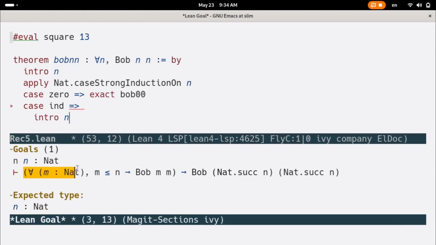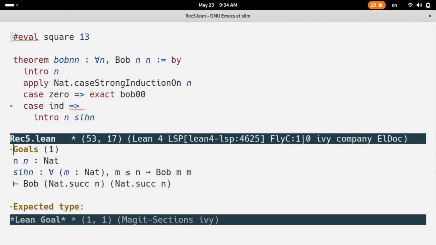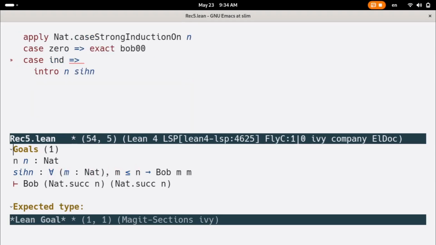Notice that this n shadows the earlier n, which is no longer required. We have to introduce the left hand side of this implication into the hypothesis. So this left hand side is nothing but the strong induction hypothesis for n. Observe it says for all m's, that is at most n, Bob wins mm. And we have to prove this for n plus 1.